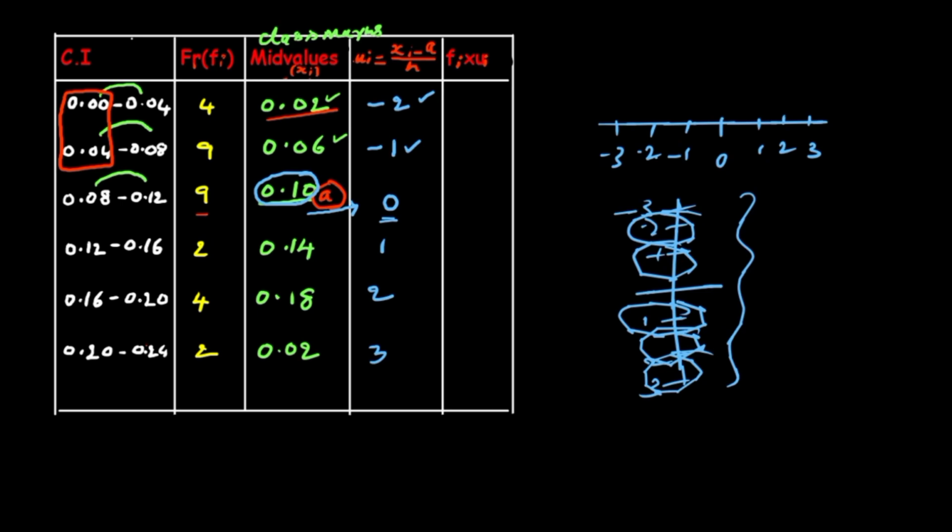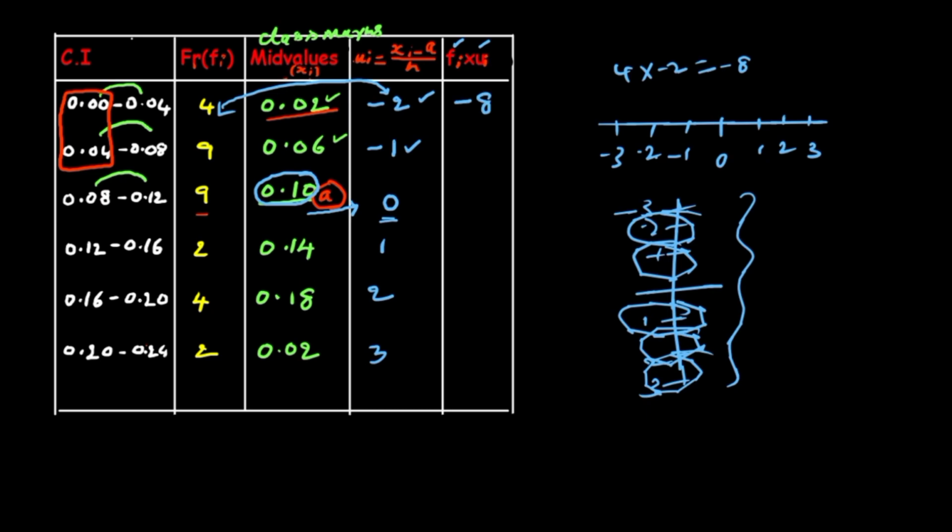Now fi ui. What is fi ui? You multiply the frequency and the deviation: f is frequency, ui is deviation. After multiplying these two, fi and ui, we get 4 into minus 2, which is minus 8. That minus 8 we can write here.